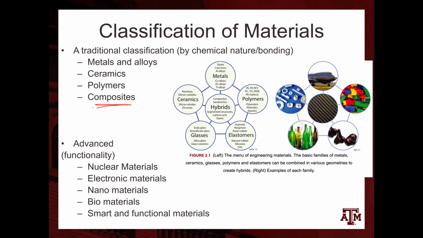And of course, we can talk about biomaterials. And now, with the advancement in the way we manufacture materials, we can also manipulate materials at much smaller scales. We can make nanomaterials and so on and so forth.